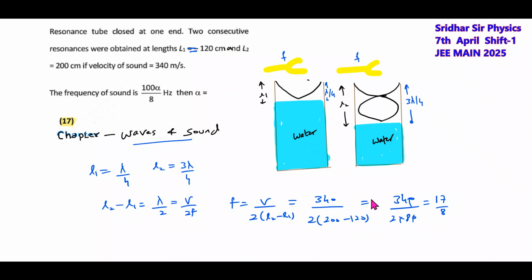These are in centimeter, so you have to convert into meter, it will be divided by 100. So this will become 1700 by 8 Hz. Because they are given in centimeter, this has to be converted into meter.